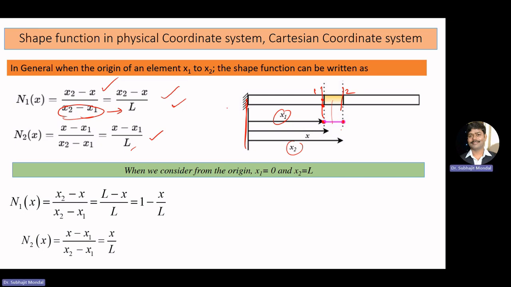So this is the shape function when we consider the origin here, and we are evaluating the shape function at a distance x from the origin.